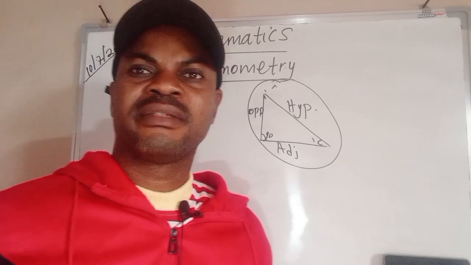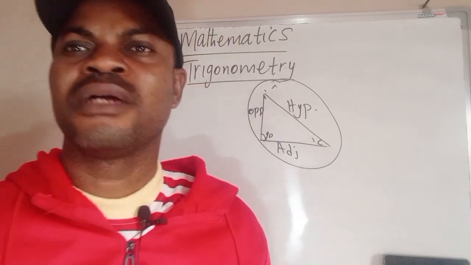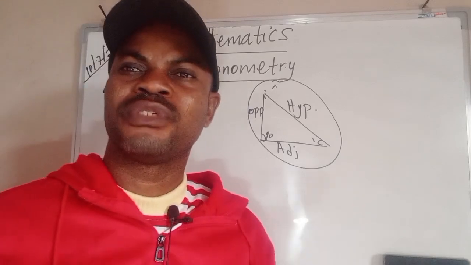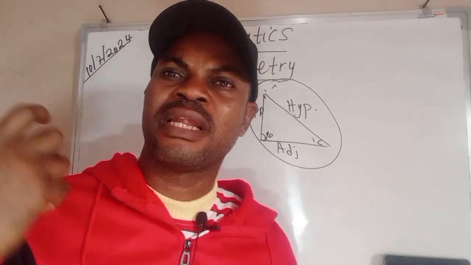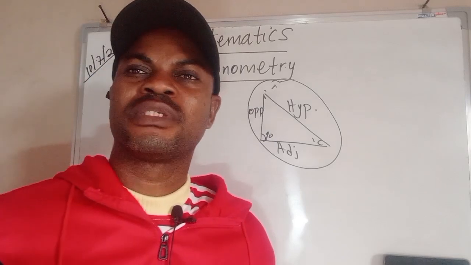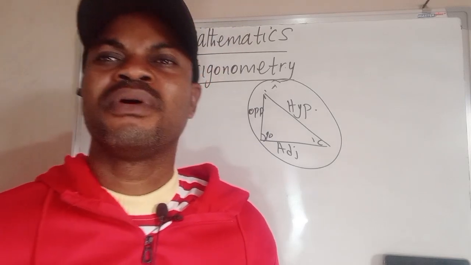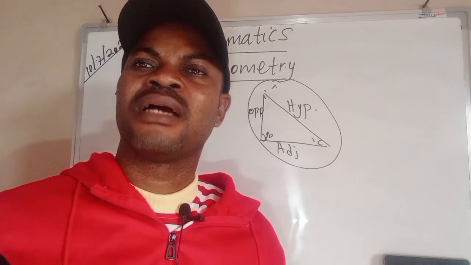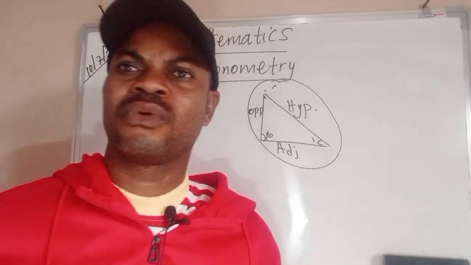All I have said is the fact that all right angle triangles can be resolved using Pythagoras theorem, which we resolved in our previous classes when we started mathematics on this page. What is Pythagoras theorem?